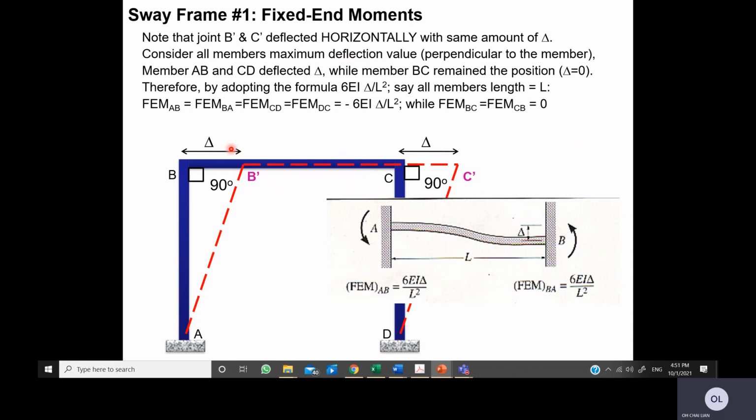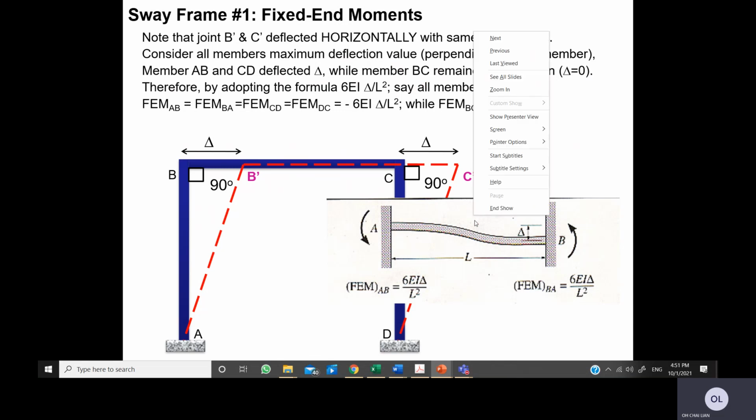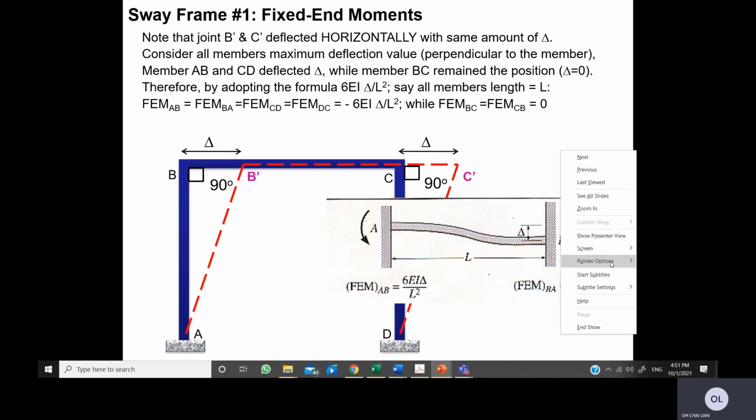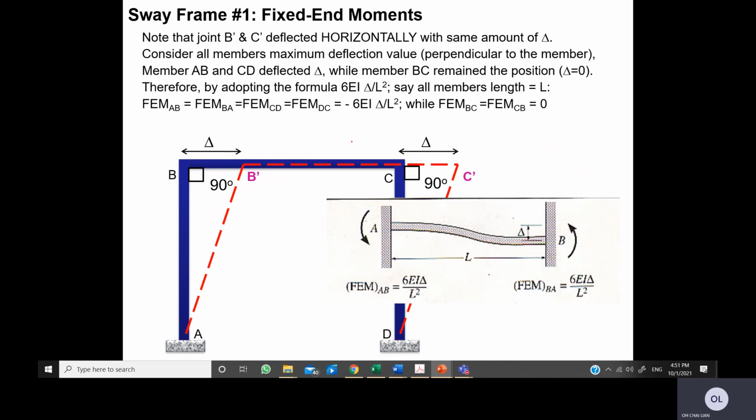Because we said that the deflection must be calculated perpendicular to the member, you shall not determine the deflection value like this, which is not 90 degrees.